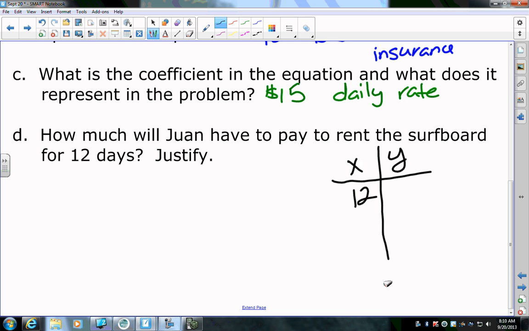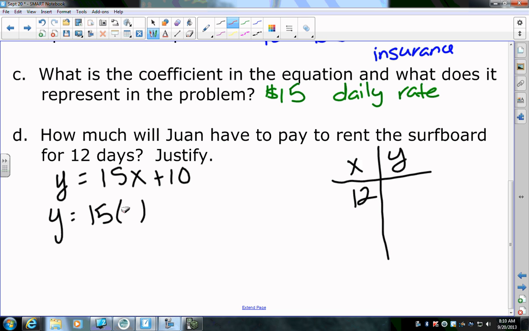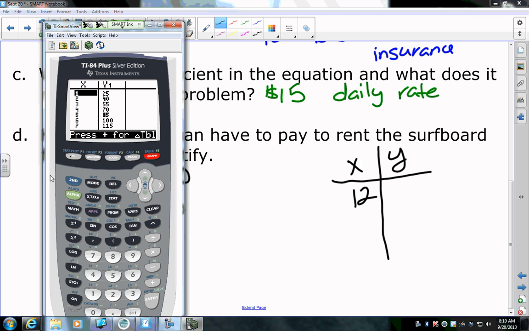I can look in the calculator there, or I can go to my equation. Y equals 15x plus 10. Did I do that right? Is that the equation? I think so. Yep. And so for 12 days, y equals 15 times 12 plus 10 if I did it by hand. Off the top of my head, I don't know 15 times 12.